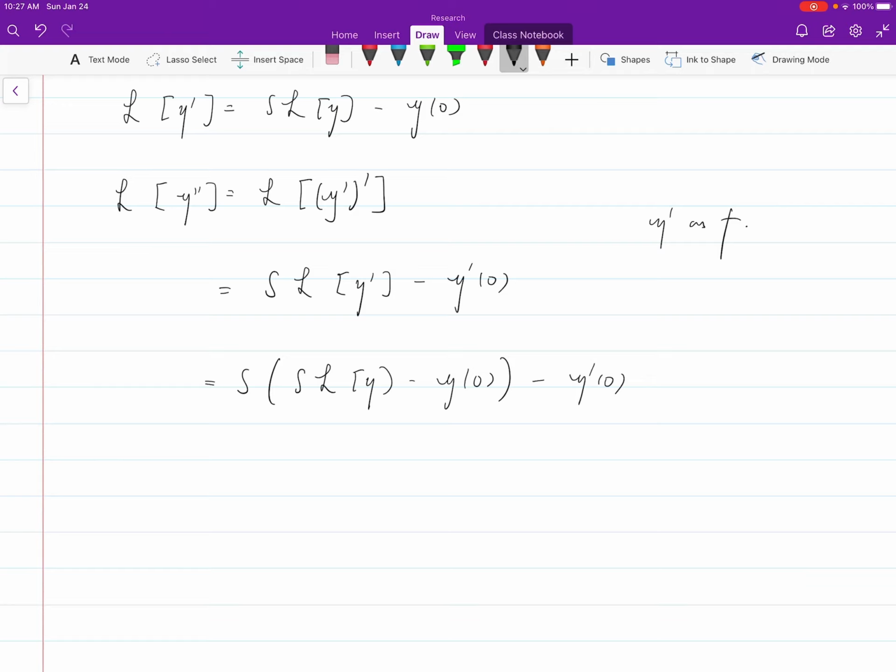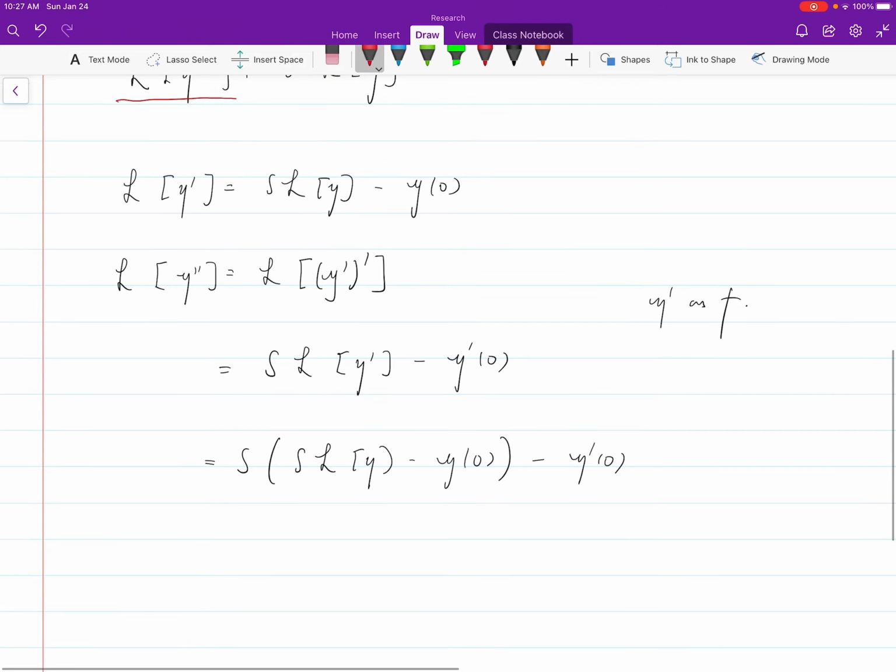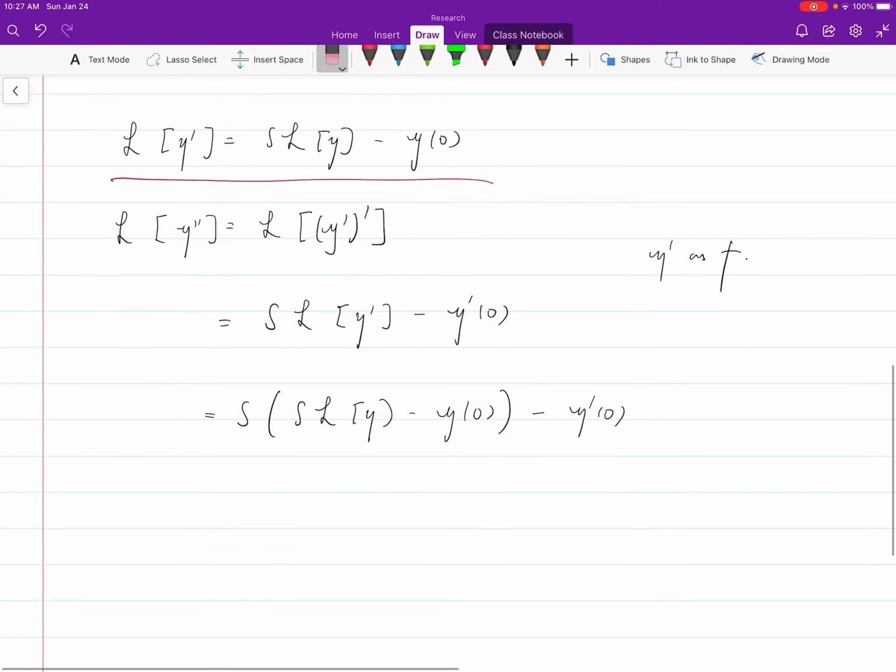So every time you apply this one, you can reduce the order of derivatives from the second order to the first order, or the third order to the second order. Then you can take the second order part, do it again, and then take the first order part, do it again, and eventually everything will be in terms of Ly. So Laplace transform not only can handle the first derivative, actually if you just keep doing Laplace transform, you can handle all possible derivatives.